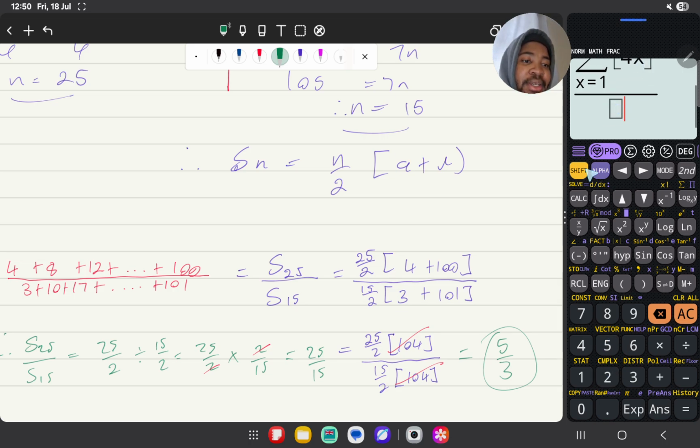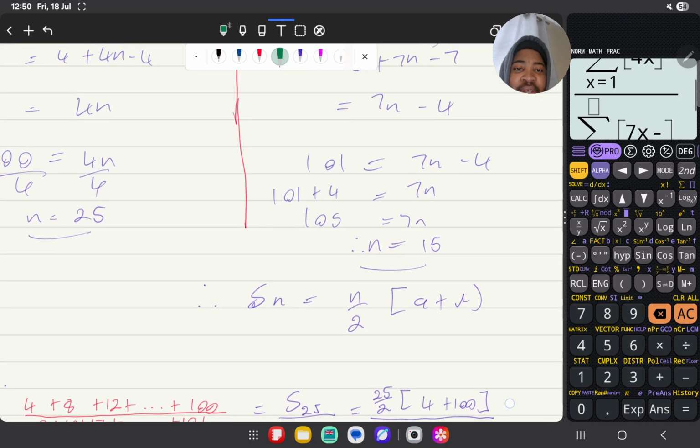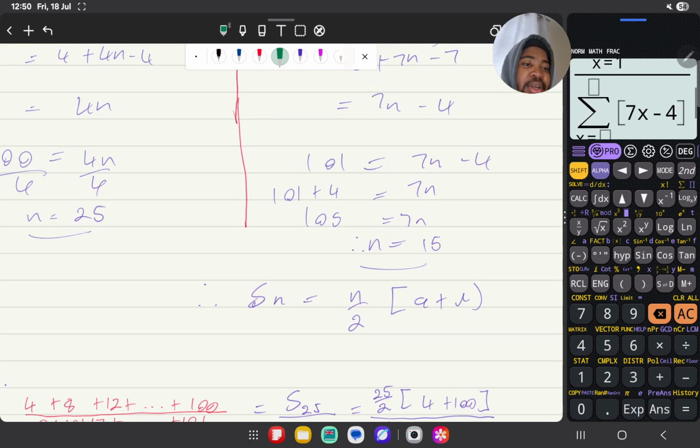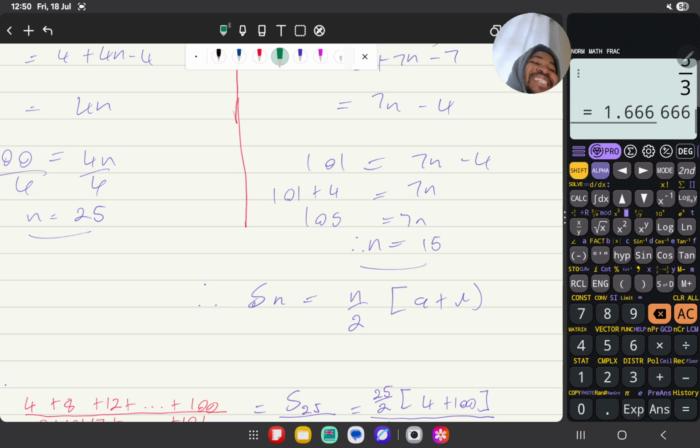And here, this one was 7x minus 4, from 1 to 15. And we're getting 5 over 3, which is 1.666666667.